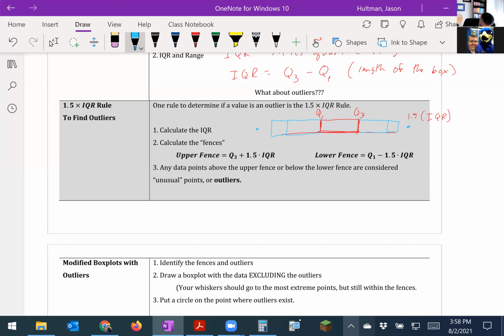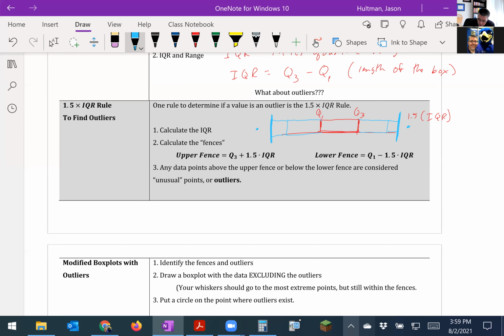What we call these 1.5 boxes are our fences. Think of it like swinging for the fence and getting beyond the field in baseball. You're hitting a home run, so you go outside the baseball fence.